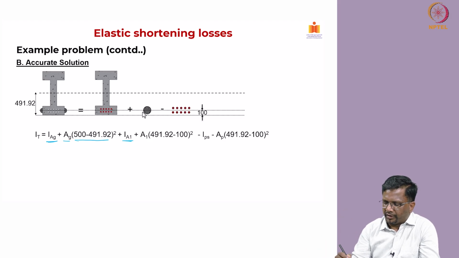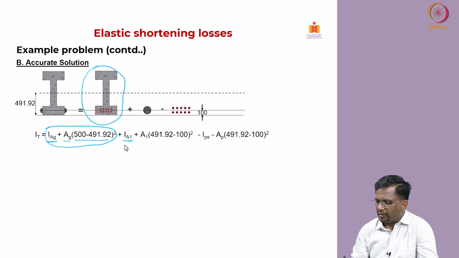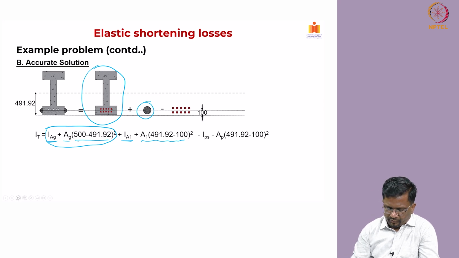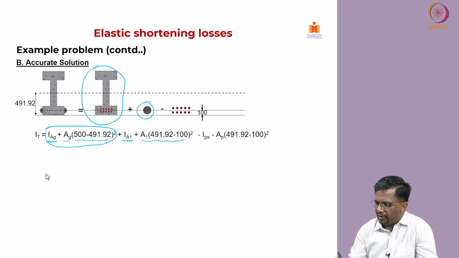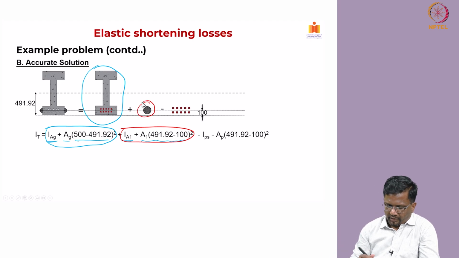So, these two components are for this, and this IA1 is for this, plus IA1 plus the A1 into the distance square is for this.